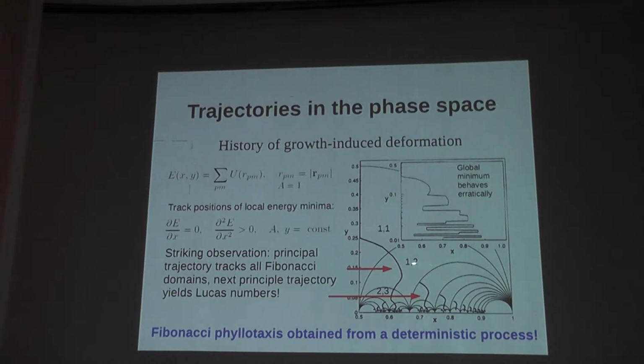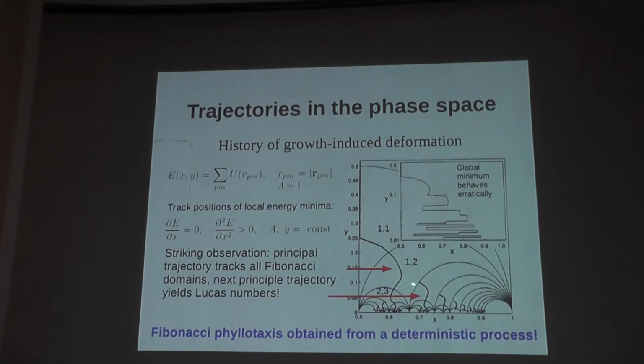So all Fibonacci domains are on the principal trajectory that you obtain by squeezing the simplest structure, and all non-Fibonacci numbers are out. They don't appear on this principal branch.